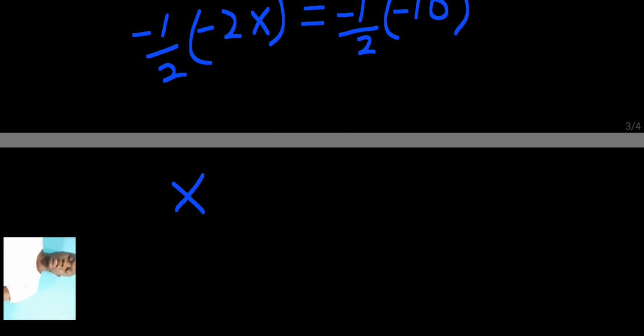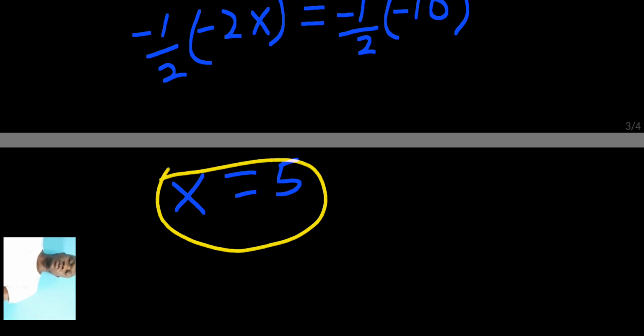So negative 1/2 times negative 2s will be positive s, equals negative 1/2 times negative 10. This will give me positive 5. Hence, the value for s in this particular example is equal to 5.